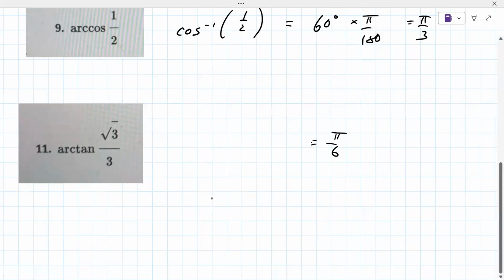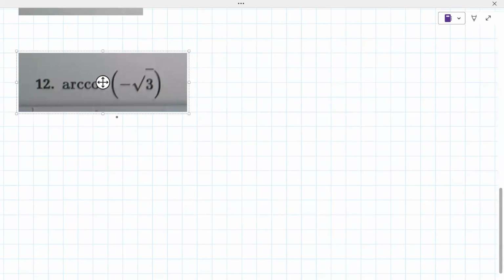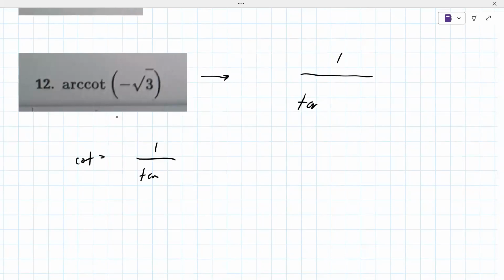Now, the only thing you might not know how to do is something like what's in 12, which is arc cotangent. Because cotangent is 1 over tangent, the way you would do this is you would do 1 over the tan inverse of minus square root of 3.